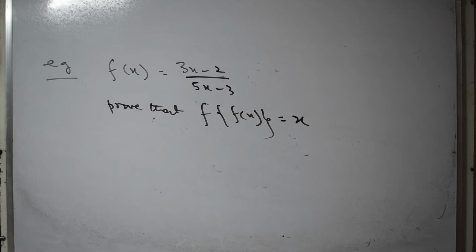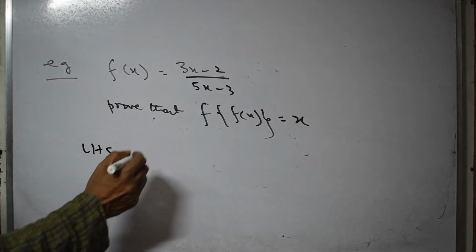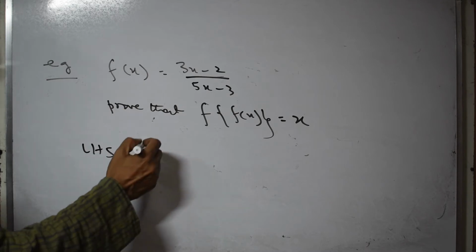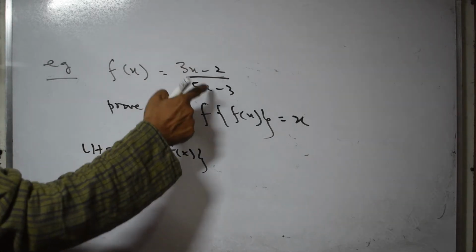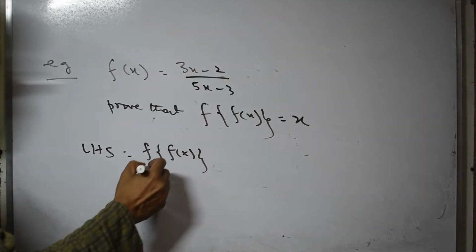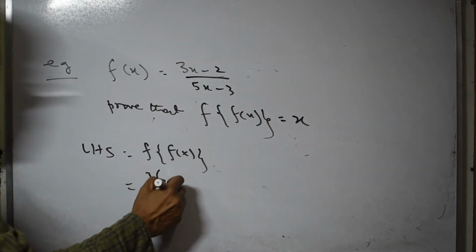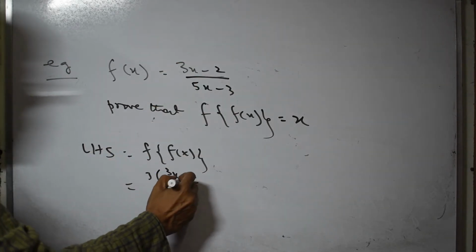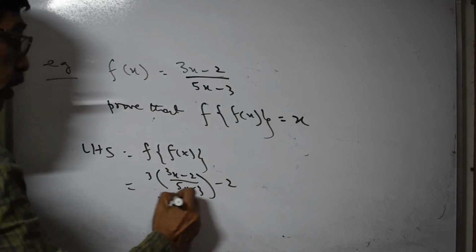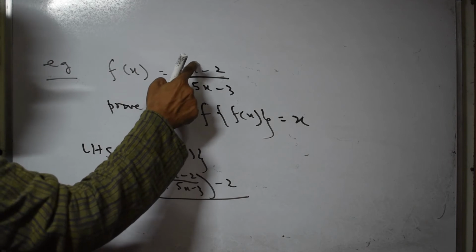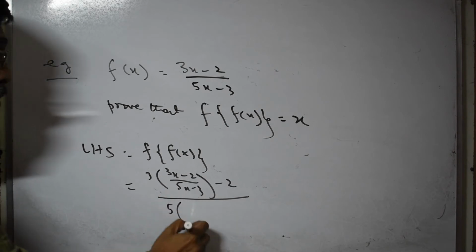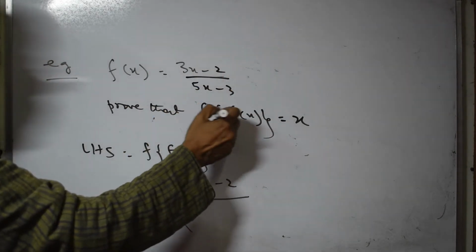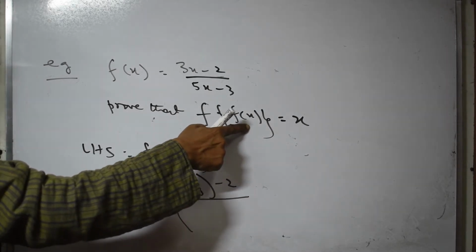It is a question where we have to replace x by f(x). When we are finding f of f(x), instead of this x, the whole expression will be replaced. The reason is that x is now the whole f(x), and the whole f(x) is again this expression.